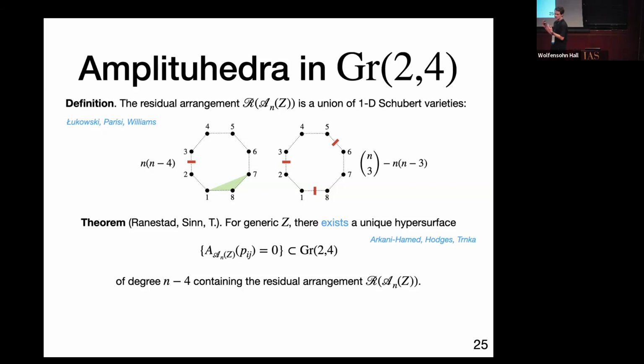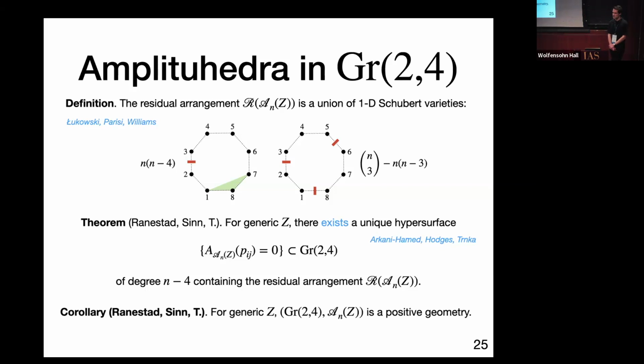So what we had to do is show that this adjoint is unique, and once you've done this, there's only one candidate for a possible canonical form, and you need to check that this satisfies the recursive axioms, which is what we did. A corollary of this is that if Z is generic, then this particular family of amplituhedra, which all sit inside G24, are positive geometries according to the 2017 definition. And as I said, for general amplituhedra, this is open, as far as I know.